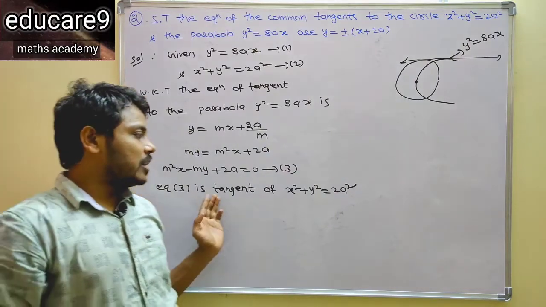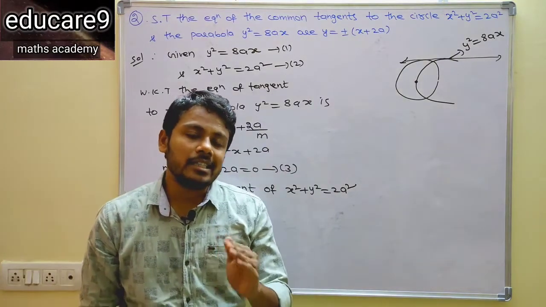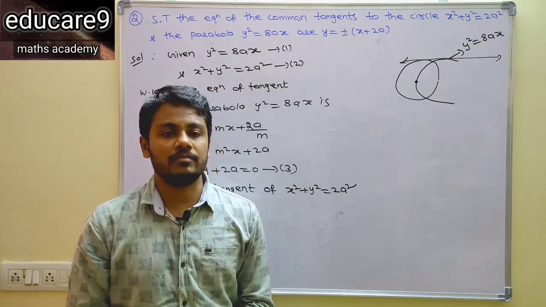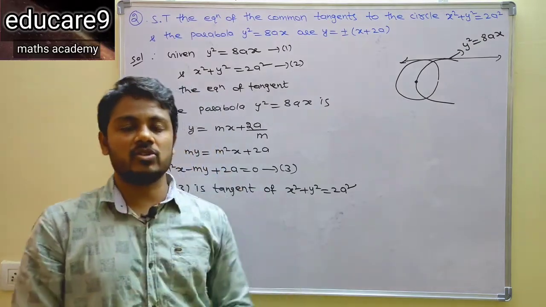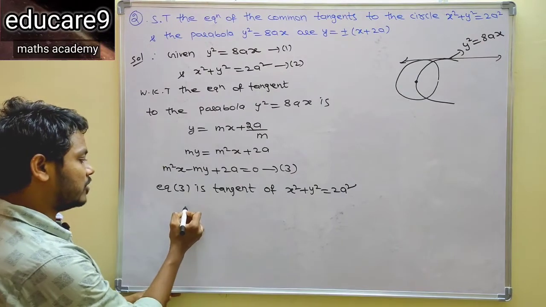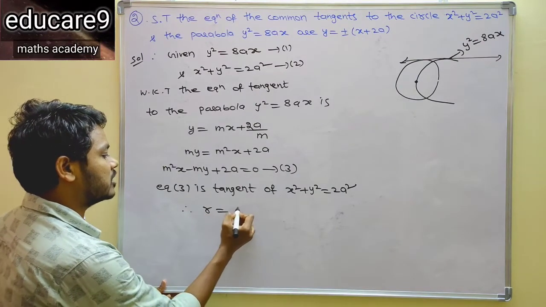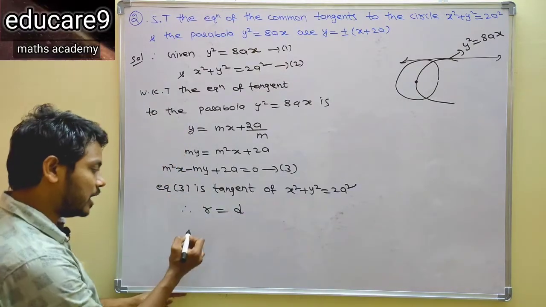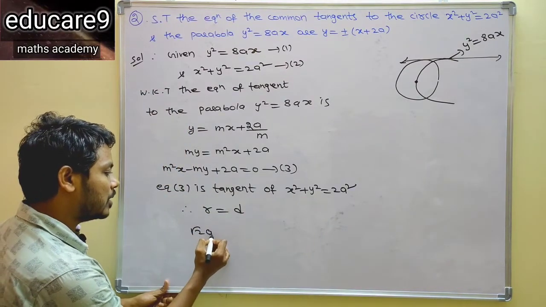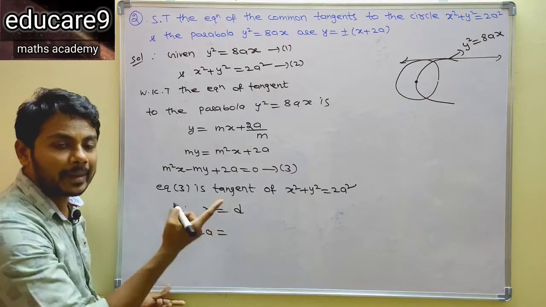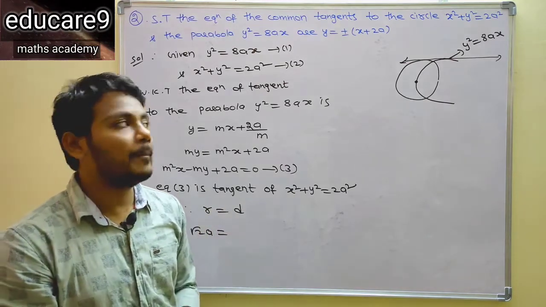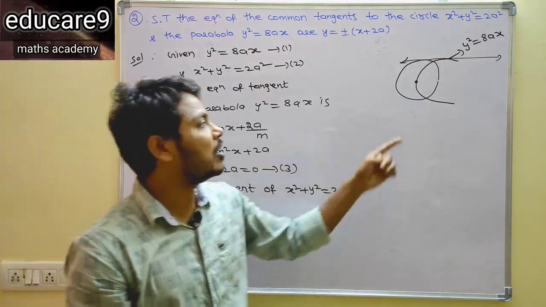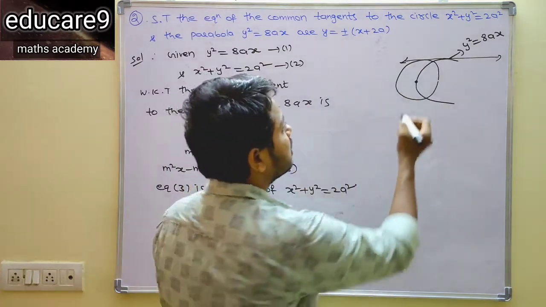So here you know that if a line is tangent of the circle, then the condition is r is equal to d. Therefore condition is what? R is equal to d. What is the radius of the circle? Root 2a. And d is what? Perpendicular distance from center of the circle to the line.